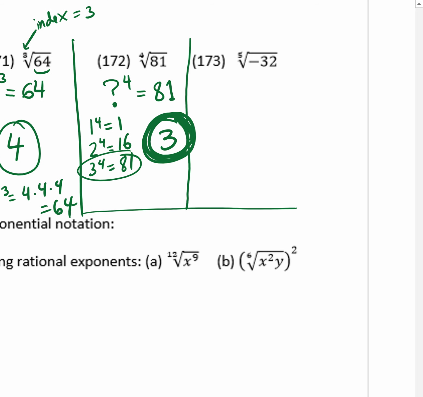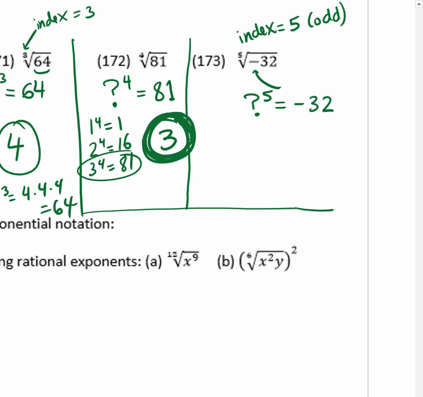And now the last one in this section, 173. You notice the index is 5, which is an odd number, so it's okay to have a negative inside the root. It's only when you have an even index, like 2, 4, 6, that the answer is going to be imaginary. This should actually have a real answer. So this is asking, what can you raise to the fifth power and get negative 32?